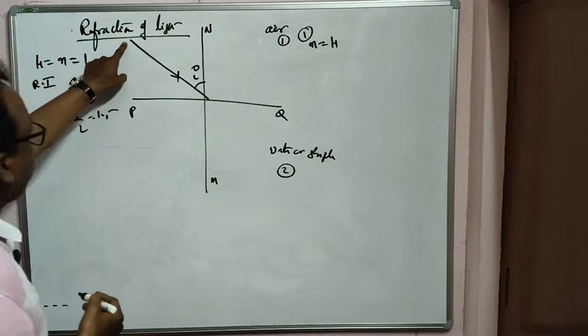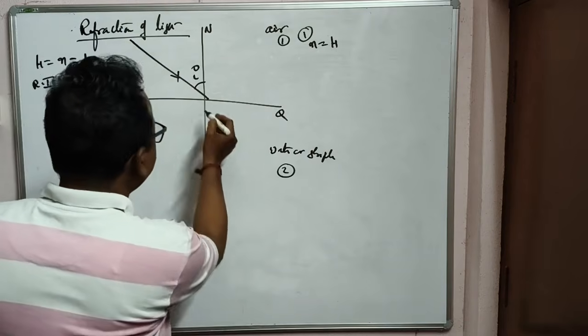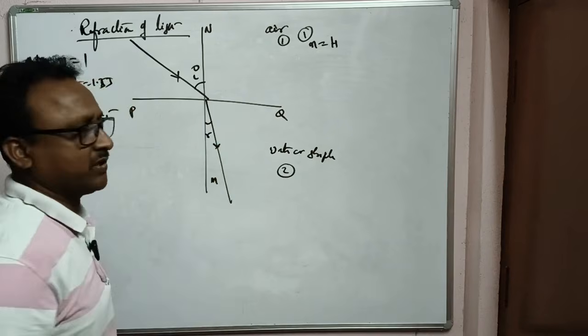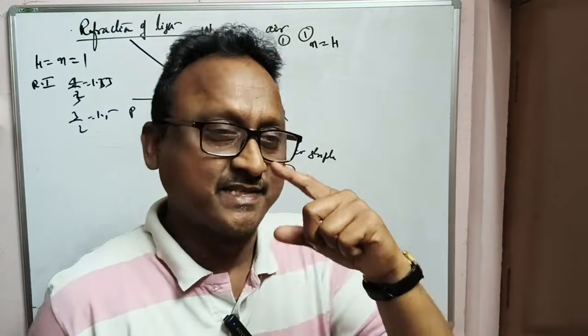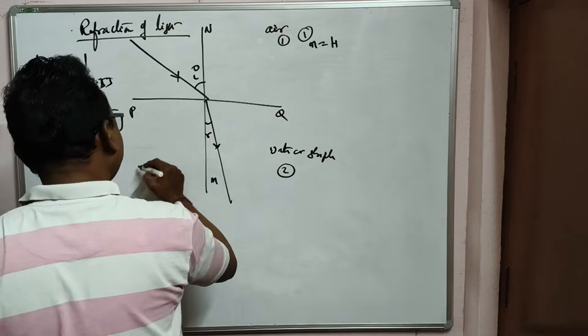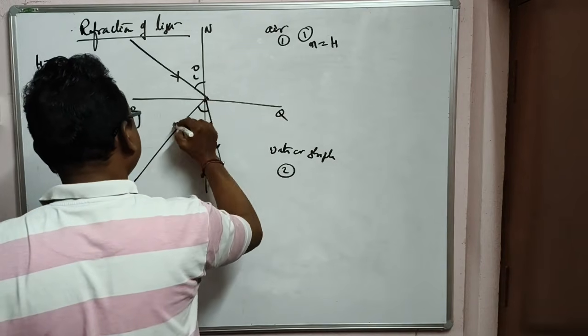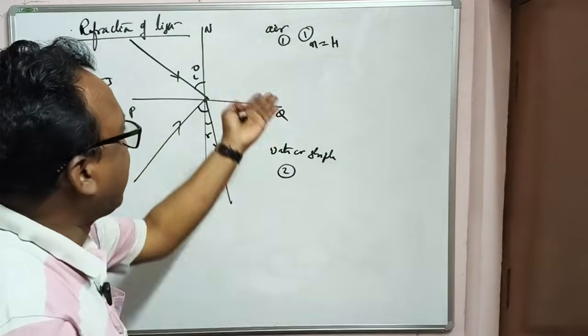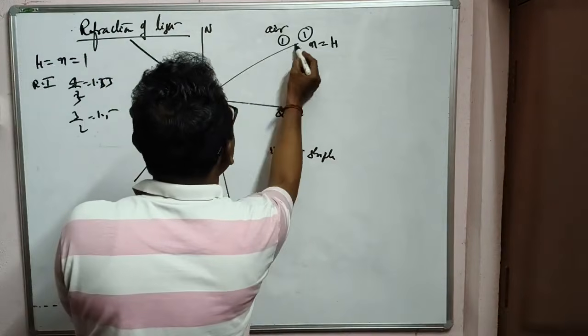That means when light enters from rarer to denser, it goes towards the normal. In the same fashion, when light goes from denser to rarer, it goes away from the normal.